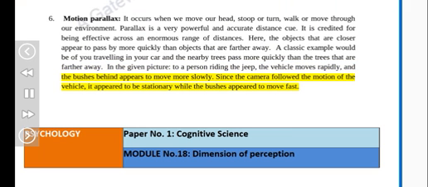Since the camera followed the motion of the vehicle, it appeared to be stationary while the bushes appear to move fast.